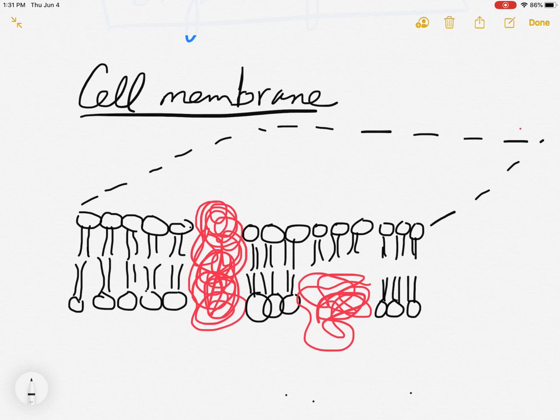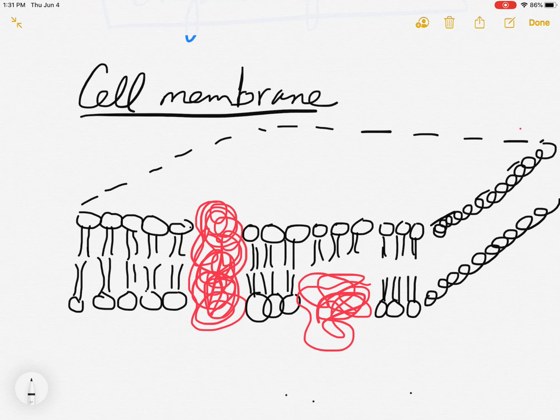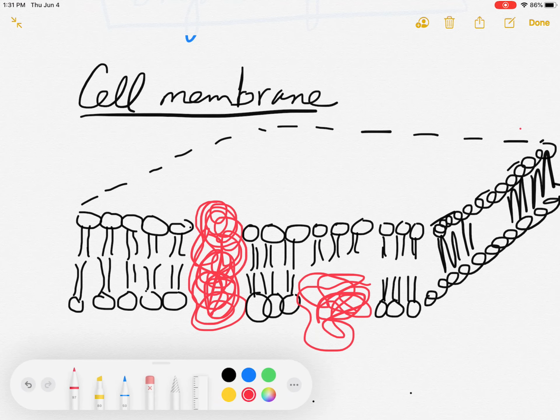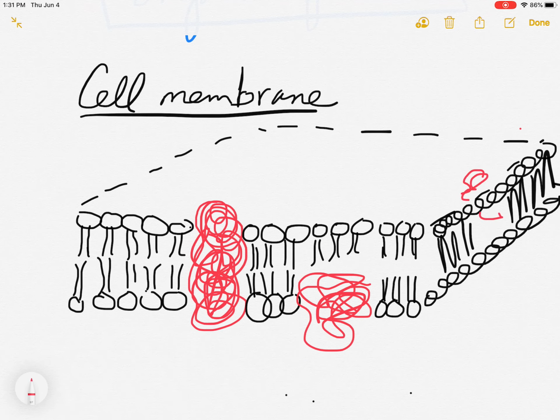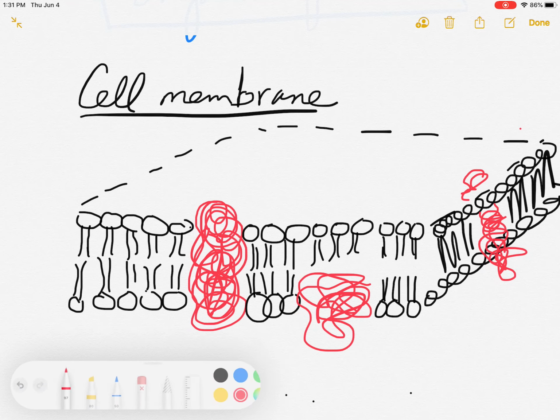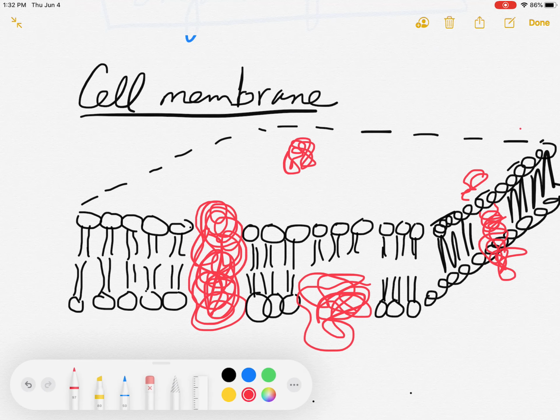If I draw a piece, okay, and then I'm going to draw these fast. I just tend to scribble. These are the little circles, just done faster. And then I go like this in between, right? Here are the little lines in between. I'm just doing a quicker job. And maybe there's a big protein sort of right there, and it wiggles over here, and it sticks out on this side, stuck in there on that side. There might be another protein sort of stuck over here that we can see sticking out, right?